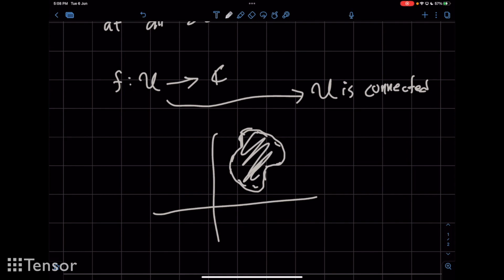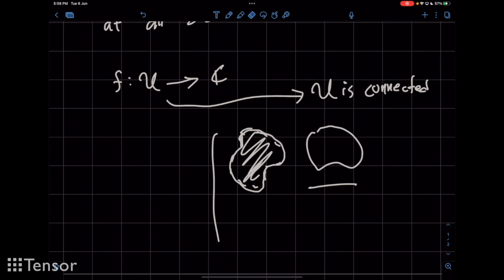I'm not going to define rigorously what a connected set is, but you get the idea. If my domain is this and this, then we would say that our domain is not connected. So I think an intuitive idea of what a connected set is is okay for our purpose.